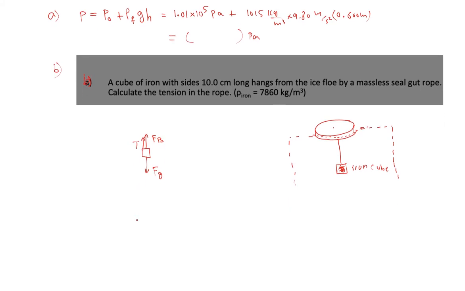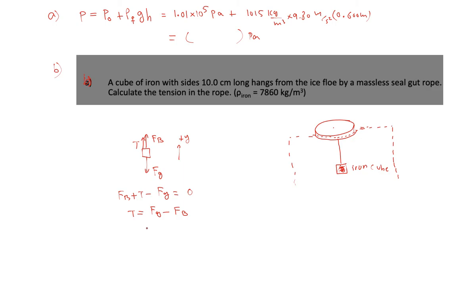This is the free body diagram, and all these forces must add up to 0 because this is static equilibrium, which means that FB plus T minus FG must equal 0. We are looking to find tension, so tension equals FG minus FB.